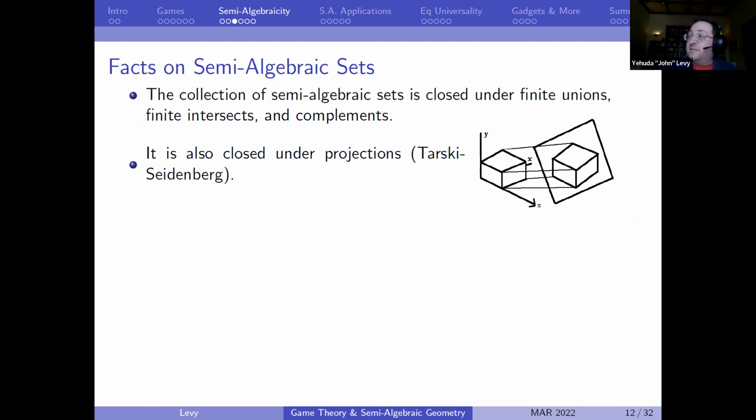If I project a semi-algebraic set from Rn to a lower dimension Rk, the result is also semi-algebraic. That goes through something called elimination of quantifiers. There's even an explicit algorithm showing how to do this, but it's not an exercise like the first line is.